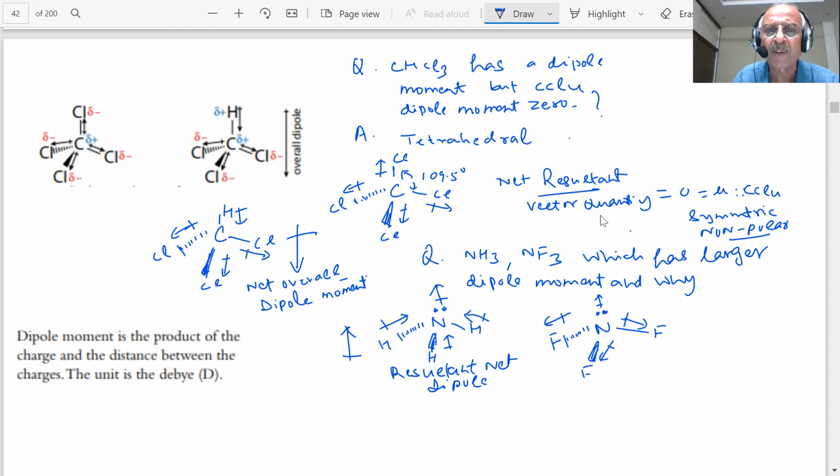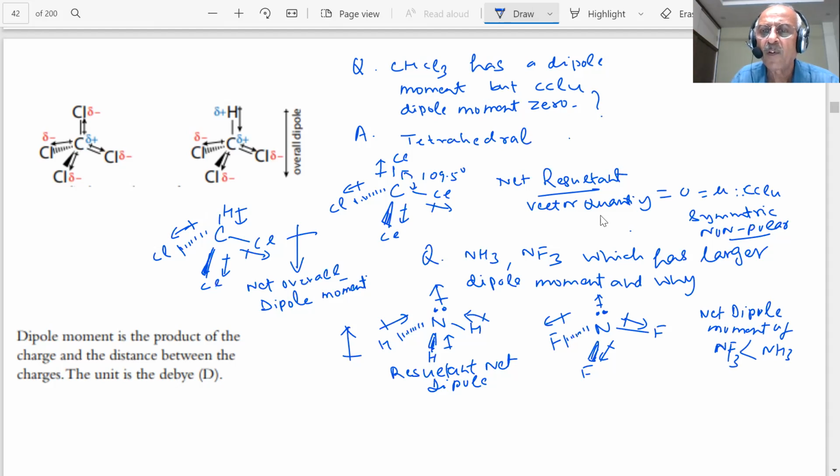The N-F dipoles are all in the same direction, and this is opposite to it. Therefore, the net dipole moment of NF3 will be less than NH3, ठीक है?